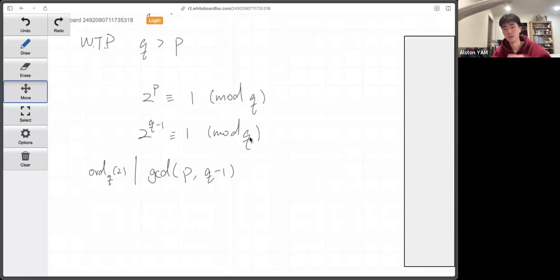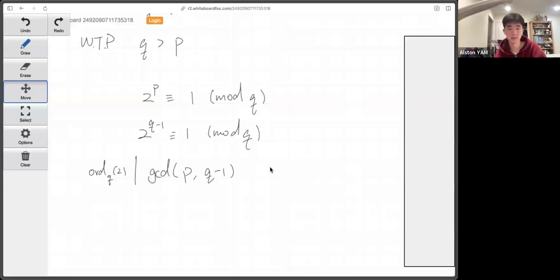Because you can't really use the strategy we had from before. Whereas before we had n here, and we knew that q, well, in the last problem was p, but we knew that p minus 1, but p was a divisor of n. In this case, it's not, right? q is a divisor of 2 to the p minus 1, not p.